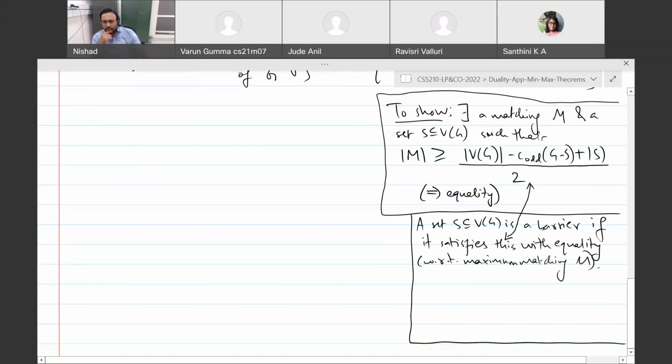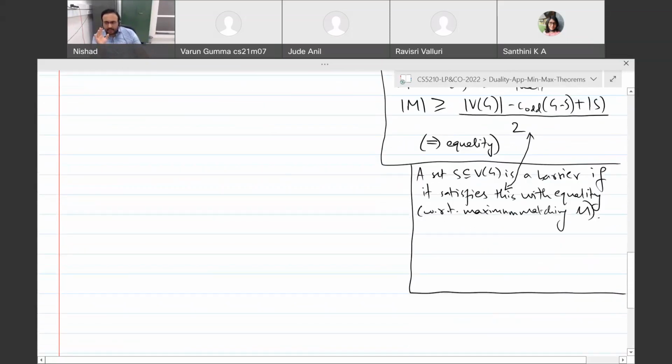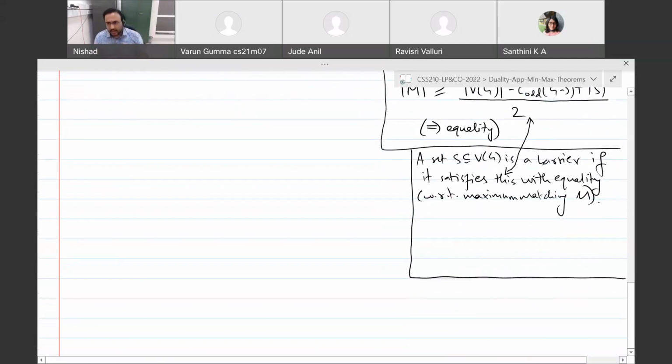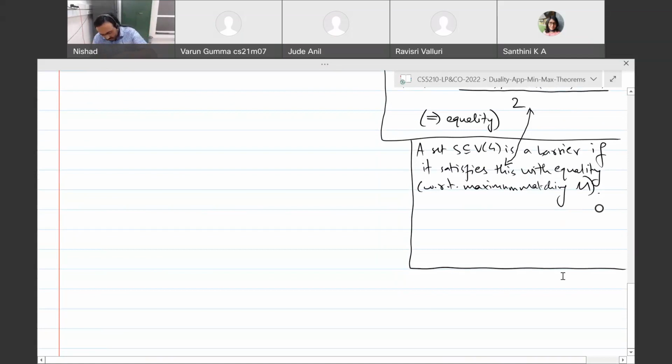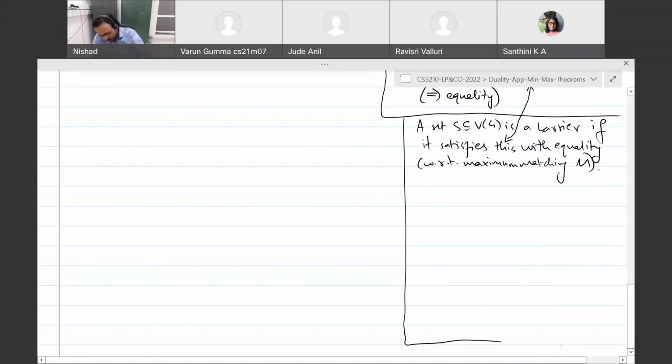Okay. So before we jump into the proof, we will need some concepts. And what I want to discuss is, what does a barrier look like with respect to a maximum matching? Or rather, what does a maximum matching look like with respect to a barrier? So let's see what I mean. Supposing you have a graph where you have a barrier.